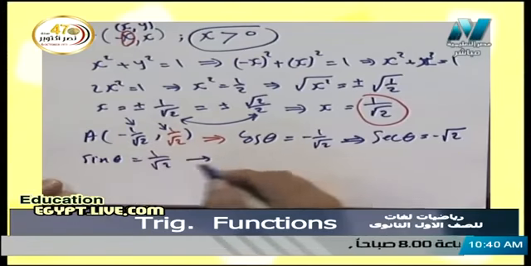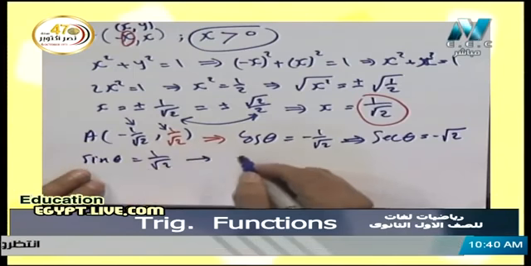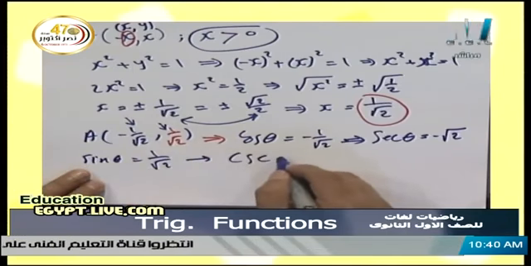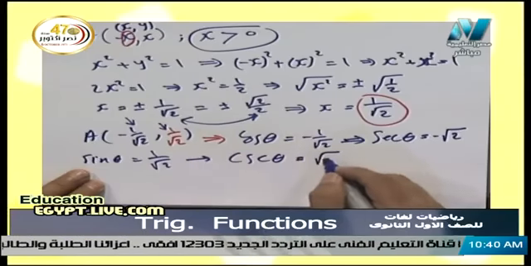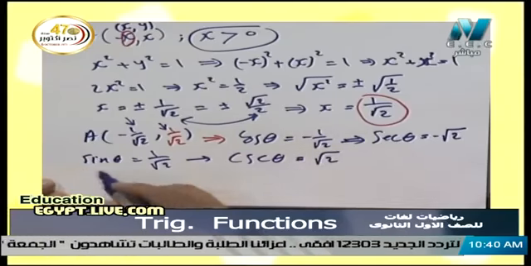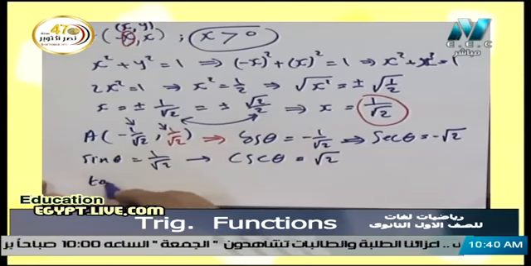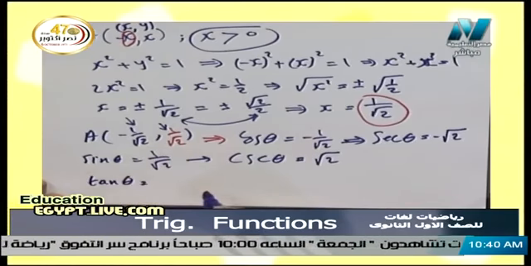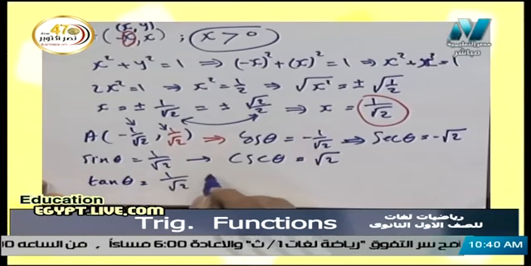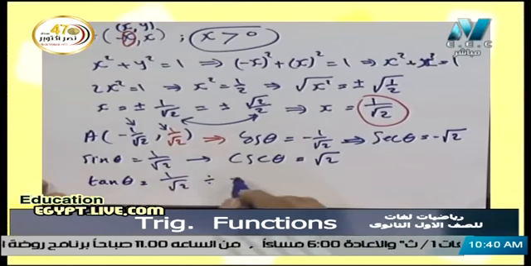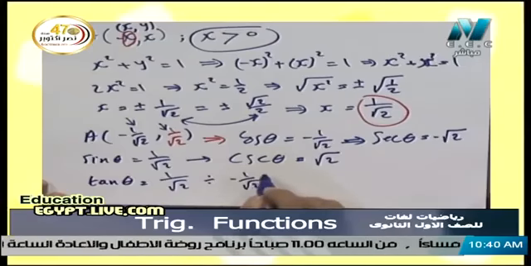And the reciprocal of sine is cosec theta, which is root 2 over 1 equals root 2. And tan theta equals sine theta, which is 1 over root 2, divided by cosine theta, which is negative 1 over root 2.